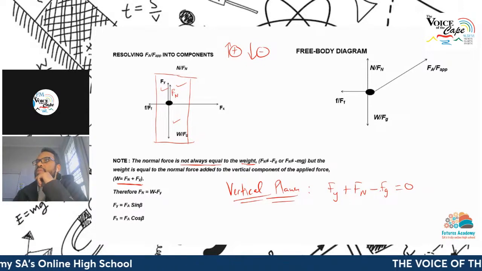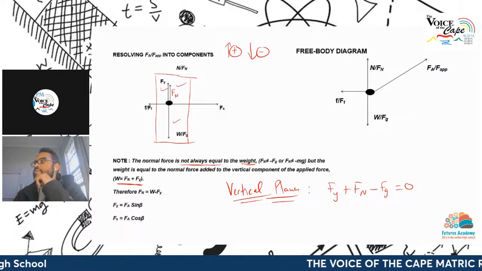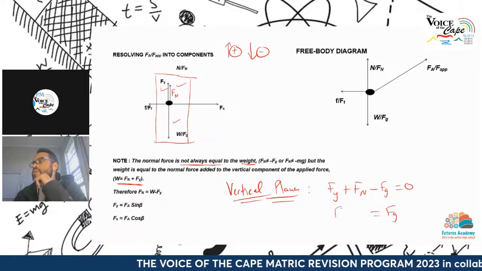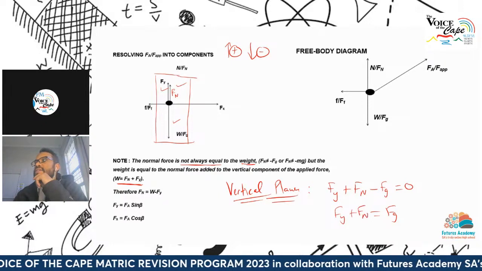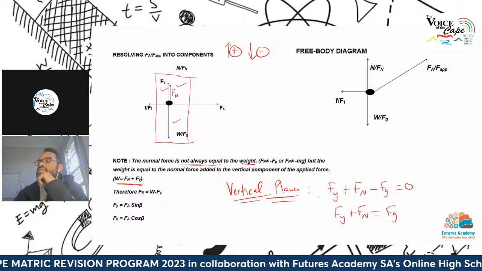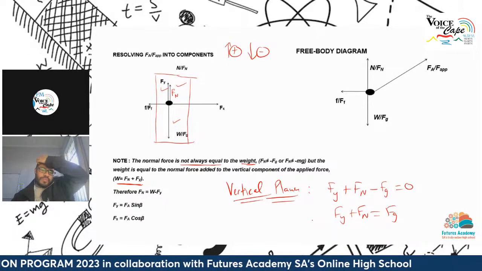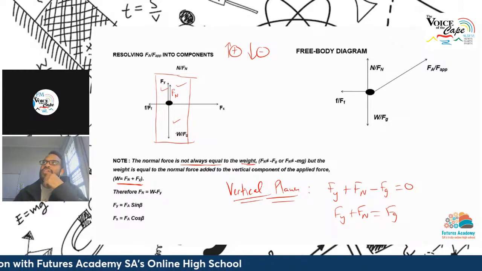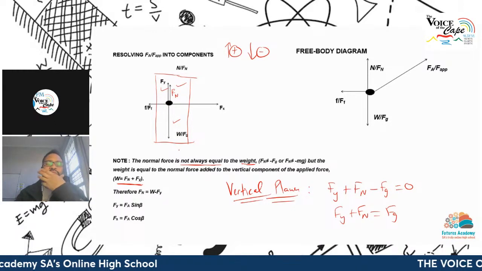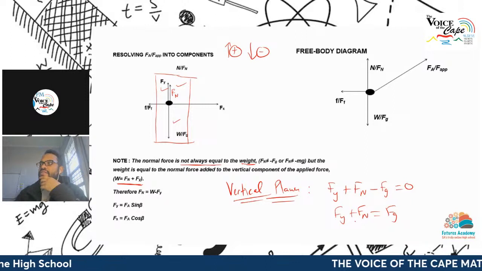Now, what can we say about the gravitational force, that Fg? If I take that to the other side, I get Fg is equal to the vertical component of the applied force plus the normal force. So in the previous examples, where we saw no other forces acting in the y direction, it was simple because the normal force was simply equal to the gravitational force.